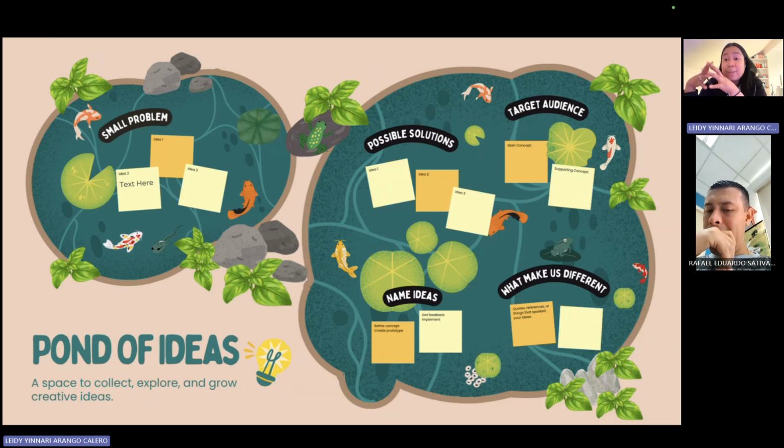I'm going to explain it to you in Spanish as well. En el primer pozo tenemos que identificar un pequeño problema. Tenemos para tres ideas, pero como solo eres tú, es ok que solo digas un pequeño problema que tú identifiques en tu área, en tu entorno o algo que se te venga a la mente.